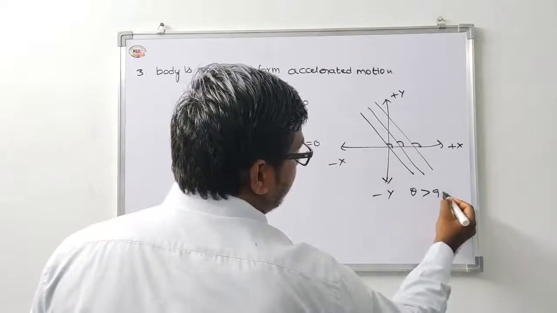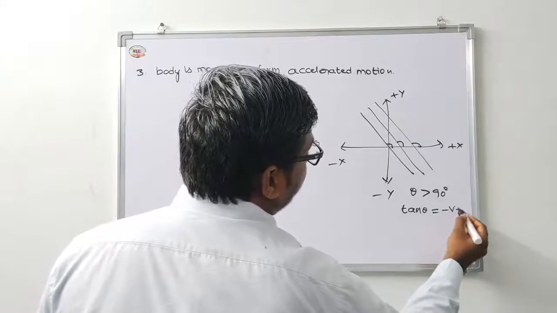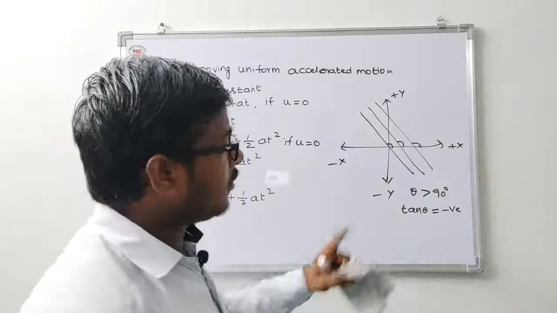Theta is greater than 90 degrees, so tan theta is negative.